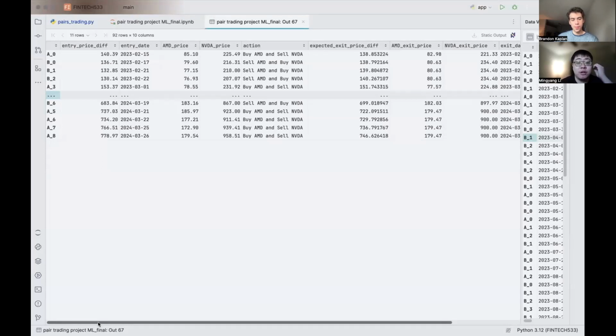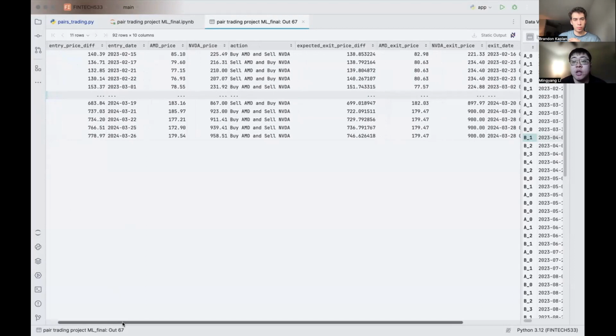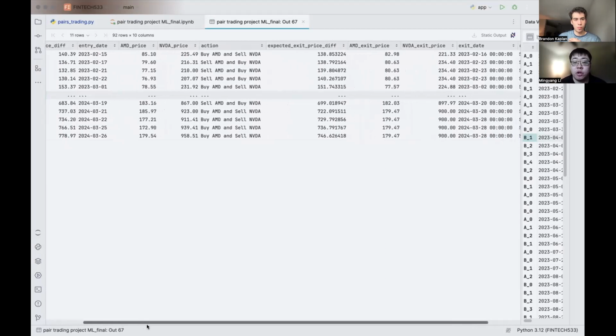Yeah, so for each row, the A and B for the index basically tells you what type of order it is. For A, it's buy AMD and sell NVIDIA. B is sell AMD and buy NVIDIA. And here we can see the entry date, the entry AMD price, the entry NVIDIA price, and the expected exit price difference for the trade.